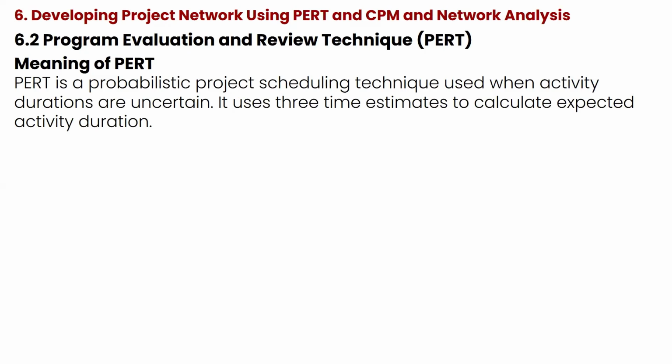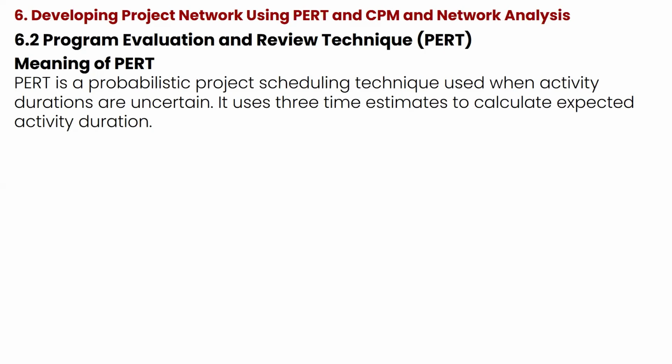That is why we say it is under probability. We are not so certain of the time required to complete each activity within the project. It is the activities within the project that will determine the project completion time.